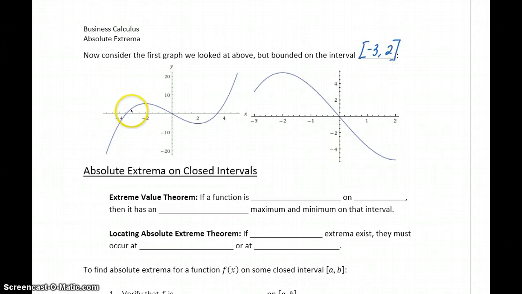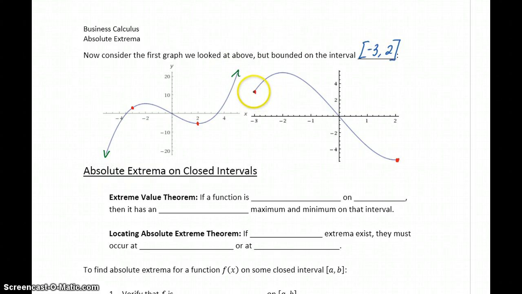So on this graph on the left, we're going to restrict the domain to be from x equals -3 to x equals 2. So we're cutting off that graph at those specific values for x, and we've just got a zoomed in view of this.